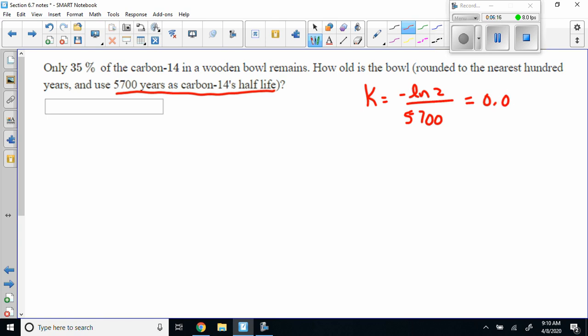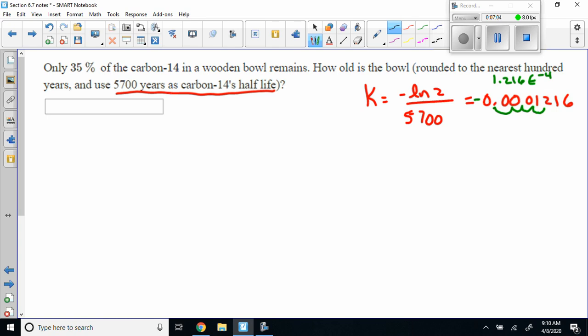So mine came out as scientific notation like this, e to the negative 4, which meant I had to move 1, 2, 3, 4 places. The green is how it showed up on my calculator. It started here, so 1, 2, 3, 4, right there. And it's negative because it's decaying. So just remember how to do that.